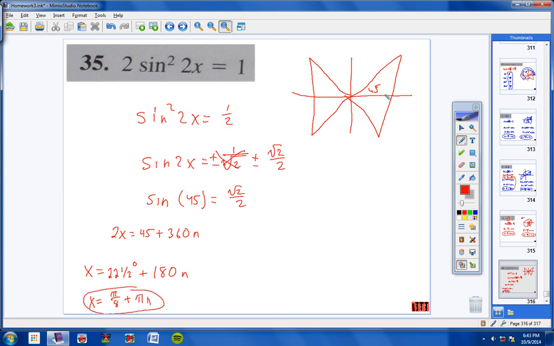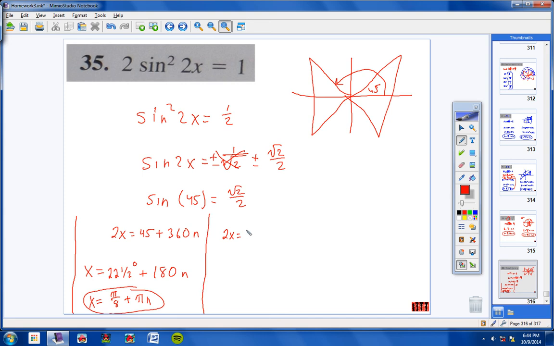Now, we go from here to here, and that's going to be, let's see, 135 degrees, so we have 2x equals, and I better put up some dividing lines here so it's not confusing.